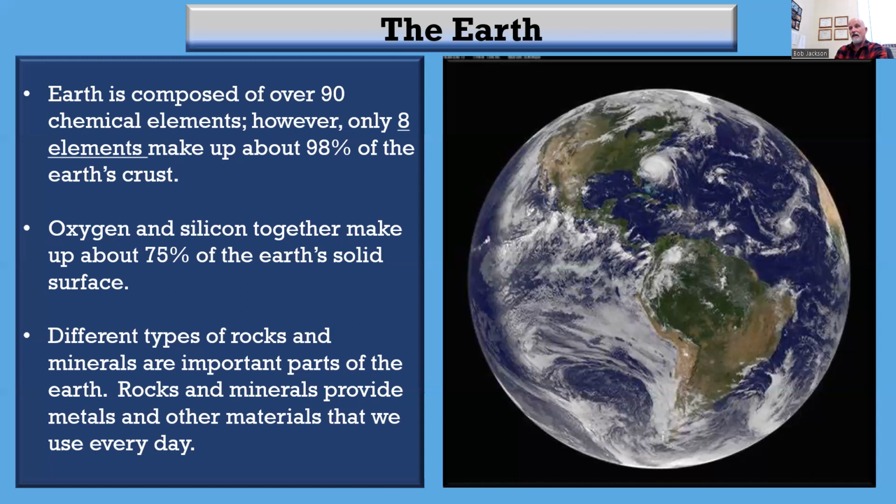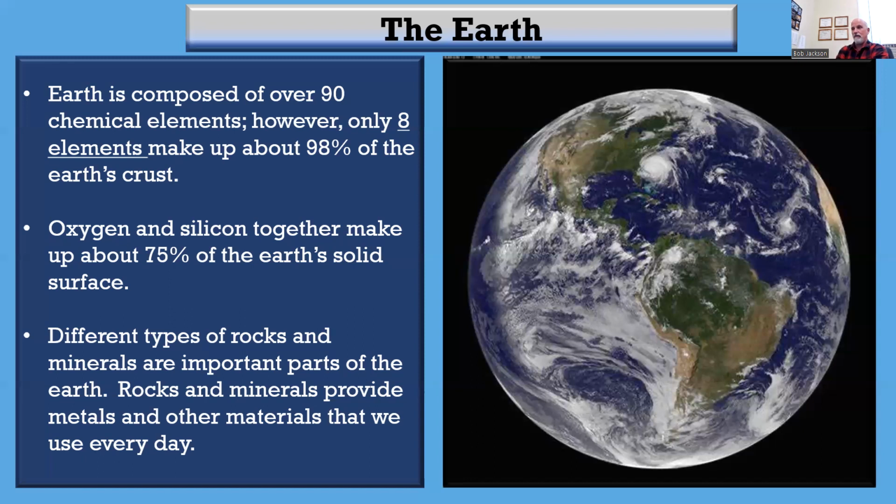Of these elements, there's only about 8 of them that are found predominantly on the surface, and that's about 98% of the Earth's crust, which is what we're living on. None of us are going to see the inside of the Earth deep within it, I don't think.